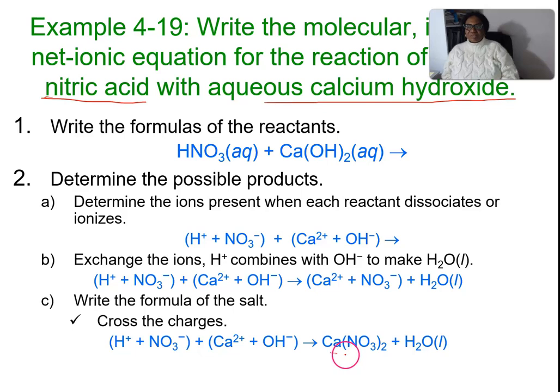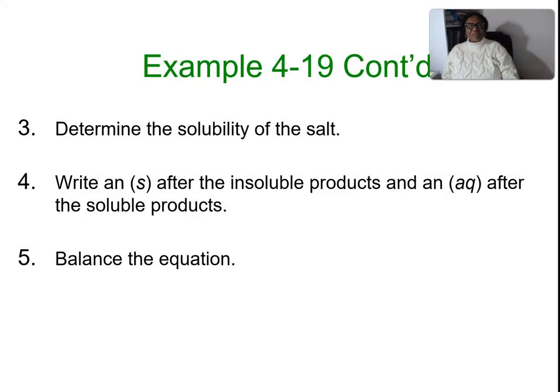Balancing the charges. So see, that is what is driving the reaction. So we want to determine the solubility of the salt. Calcium nitrate is soluble. So write S after the insoluble product and an AQ after the soluble product.